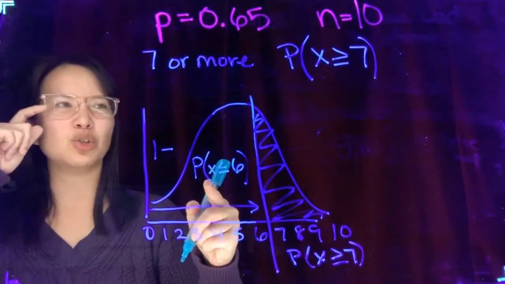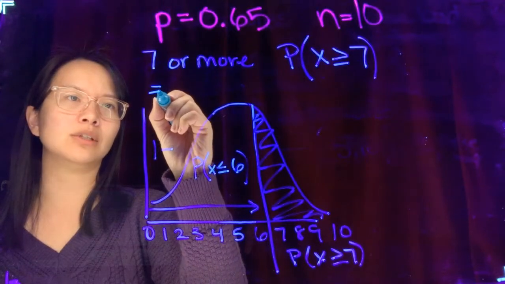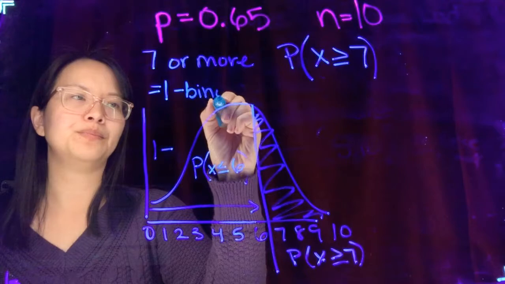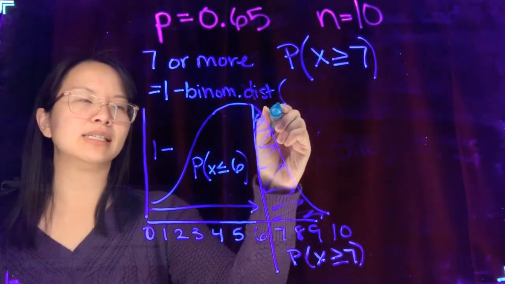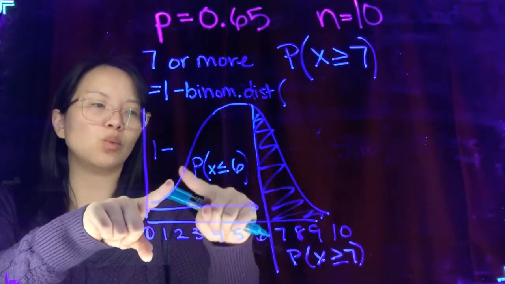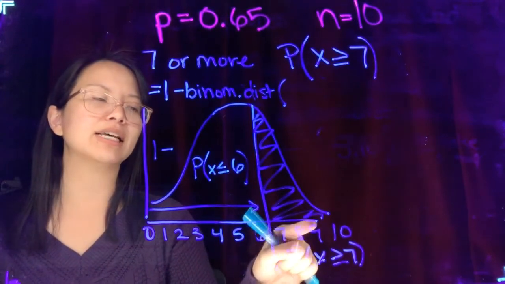So to type this into Excel, let's do equals 1 minus binom.dist, parentheses. Now again, remember I've got my drawing here, my 1 minus. So what are we going to get rid of from the curve in order to find 7 or more?